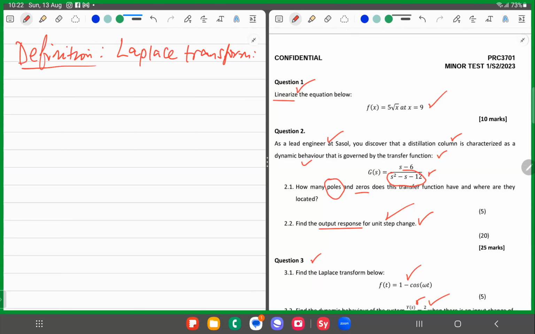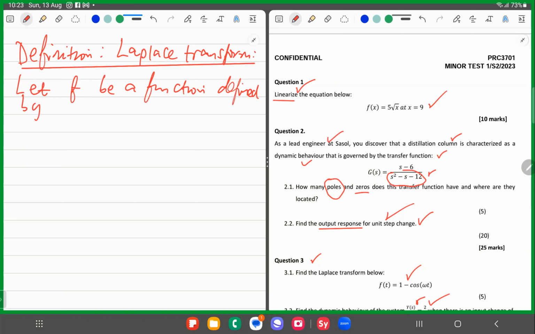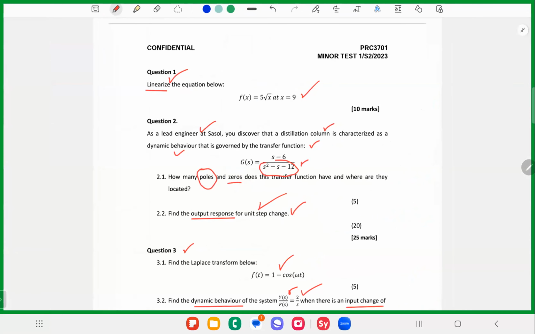They don't ask that because it's very obvious. So to define a Laplace transform, we begin with a function. So we let f be a function that is defined.